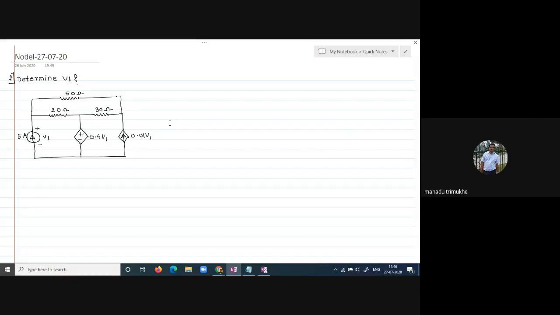You have to draw this circuit. So you have to redraw it again, and mark the independent nodes and the current in each branch. The current flowing through each branch we have to assume in an arbitrary manner. Okay, so I'll mark the nodes over here.